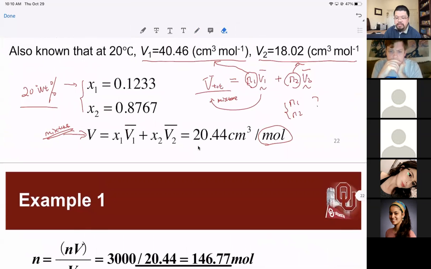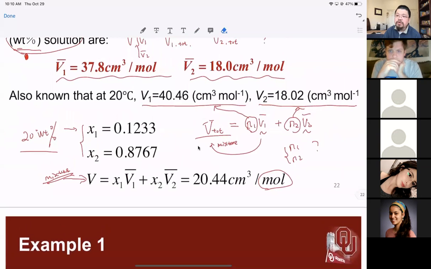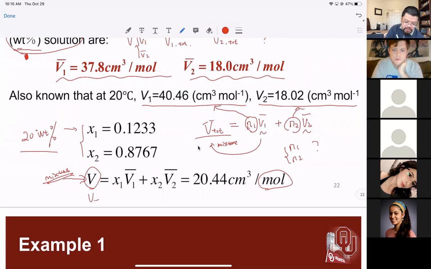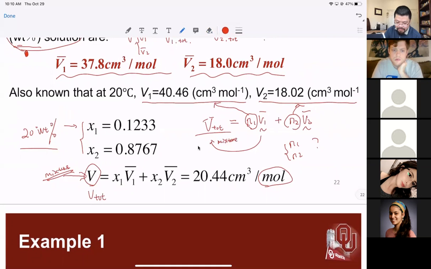Well, this is the reason why I explained in the previous part. When you read V, you have to put it into the context to understand whether this is a total volume or this is a volume for a pure component. So here, this is the total. Okay. Yeah, but you need to also pay attention that is the total volume with the per mole based, or this is the specific total volume.